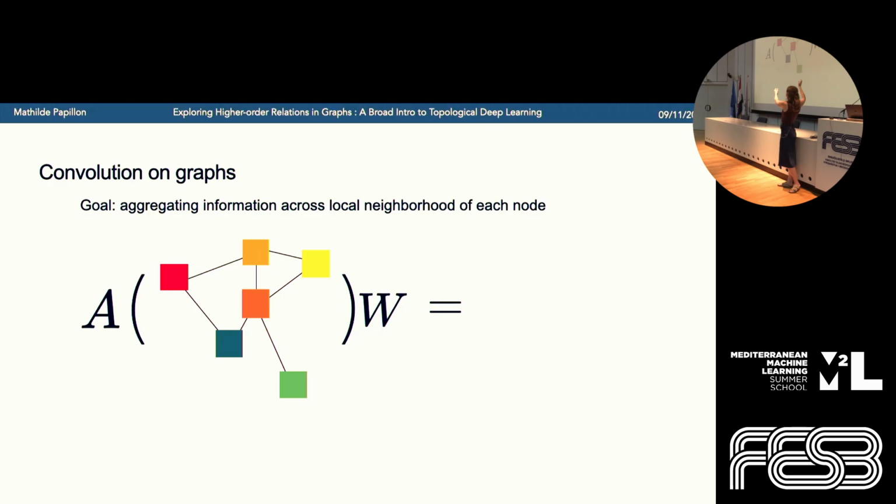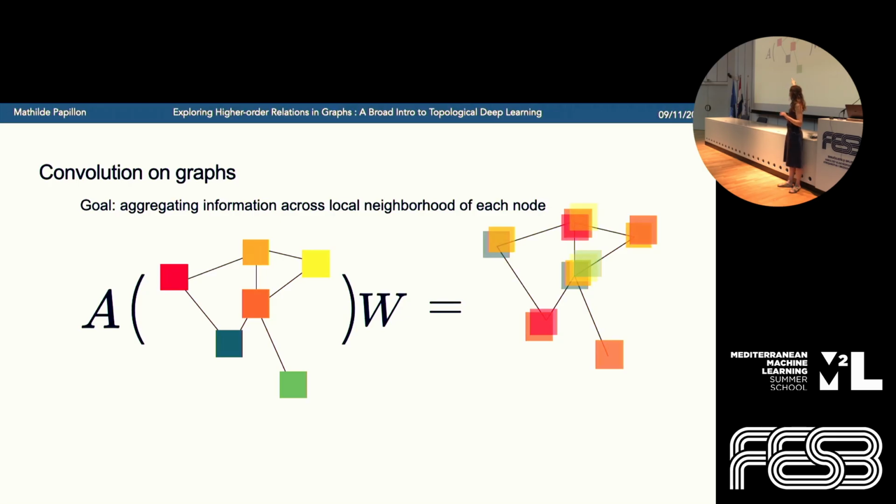So what output does this give us? What it's doing is taking each neighbor of each node and summing it. So this red node becomes the sum of the yellow and blue features, and the process repeats across the graph. That's it. That's all that's happening. We are now aggregating information across local neighborhoods of each node. Great. Are we done? No.